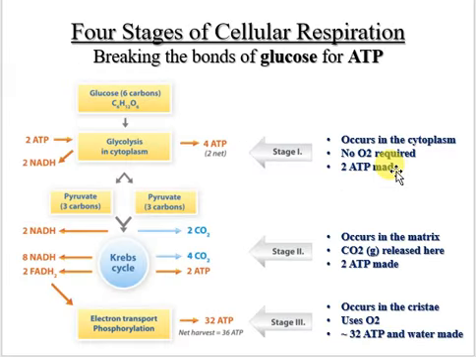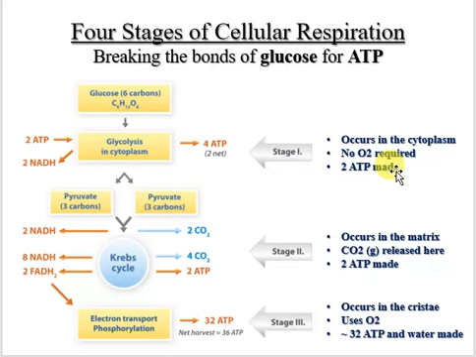Now, the first 3 processes deal with the oxidation of glucose, and they will produce NADH and FADH2. And those carriers will then be fed to the electron transport chain.